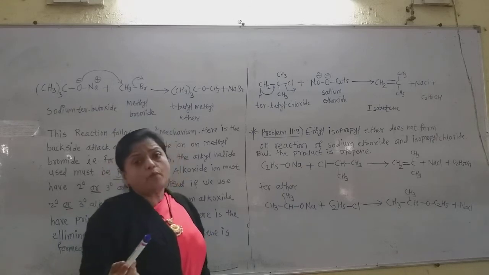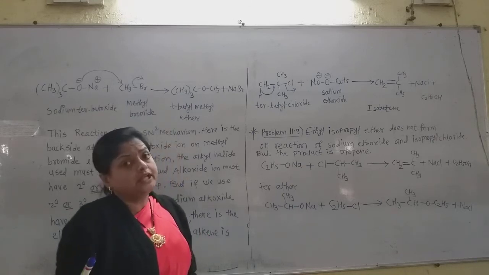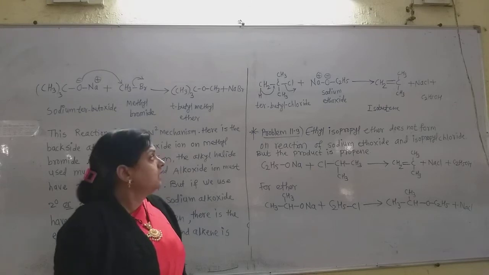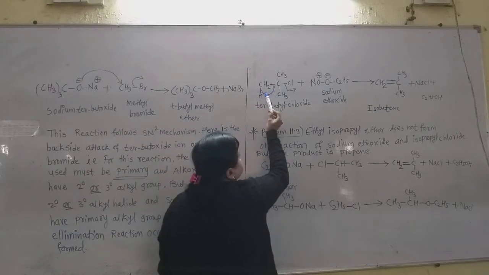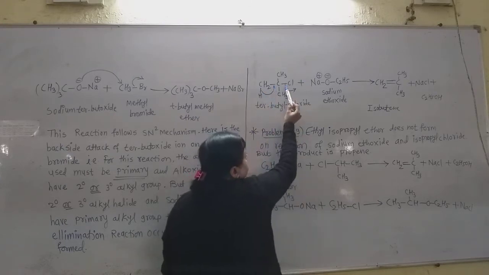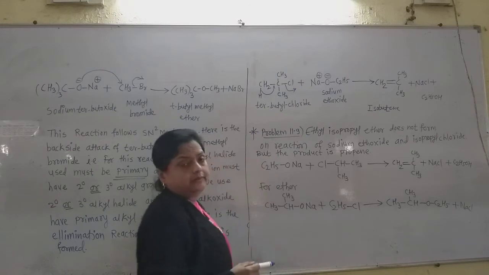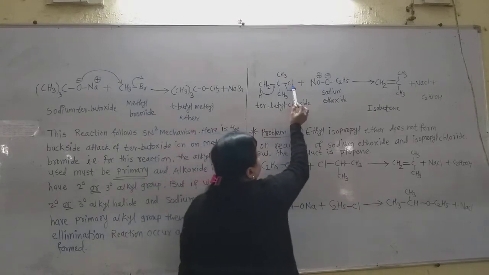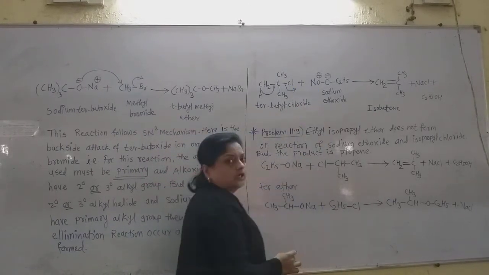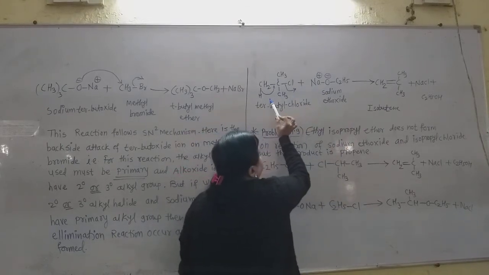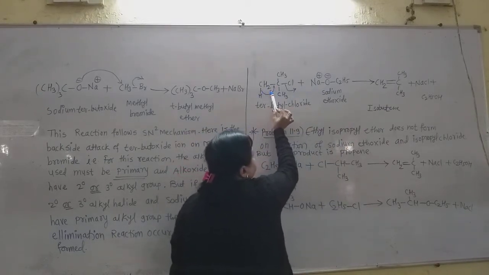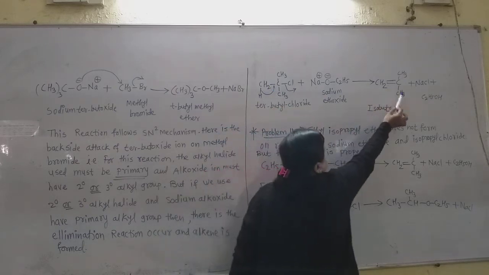Suppose these types of reagents are there, then what happens? Instead of the formation of ether, they form an alkene. How does that happen? One of the CH3 groups gives a hydrogen, forming a double bond, and at the same time this chlorine gets eliminated. This chlorine and the sodium of the alkoxide form NaCl, and here is the double bond, that is CH2 double bond C(CH3)2.